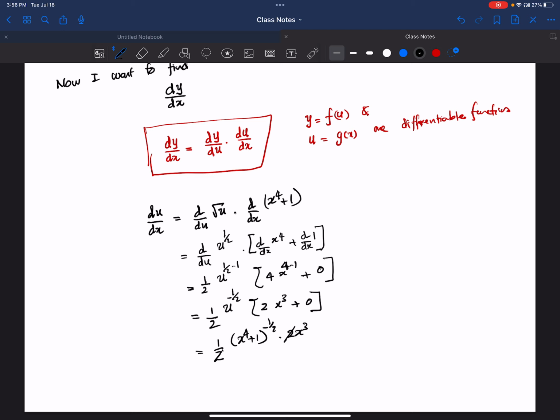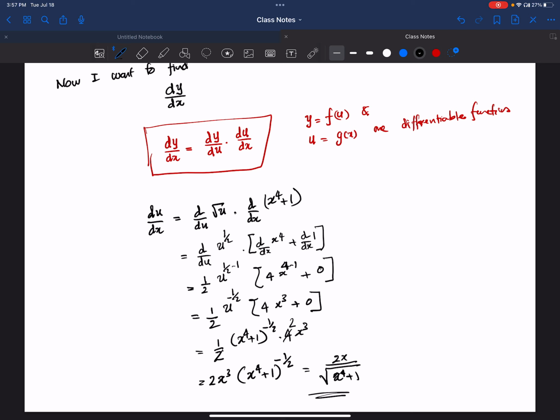Now I can cancel this, and then you get 2x cubed times x to the power 4 plus 1 to the power negative half. Or you can write 2x cubed divided by square root of x to the power 4 plus 1. That's the answer by using the chain rule.